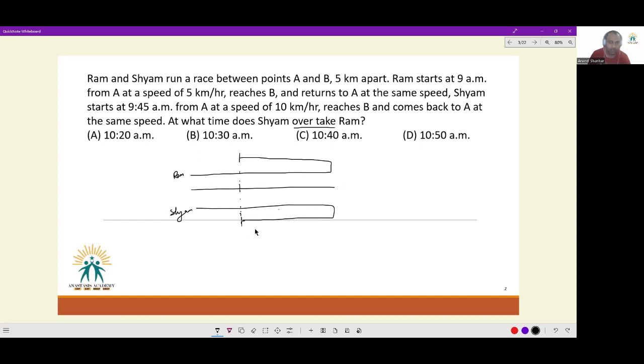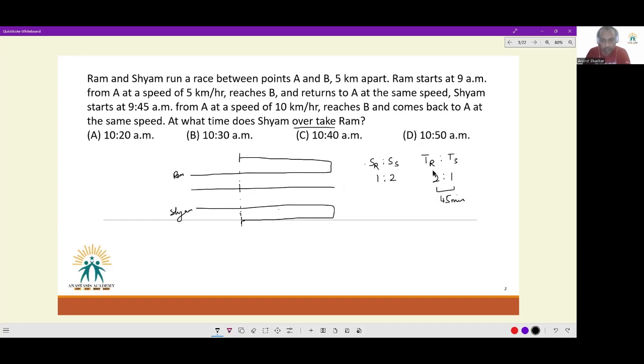Now if distance traveled by both of them is identical, the ratio of speeds will be the inverse ratio of times. The speed of Ram to speed of Shyam ratio is 1:2. So time for Ram is to time for Shyam should be 2:1.